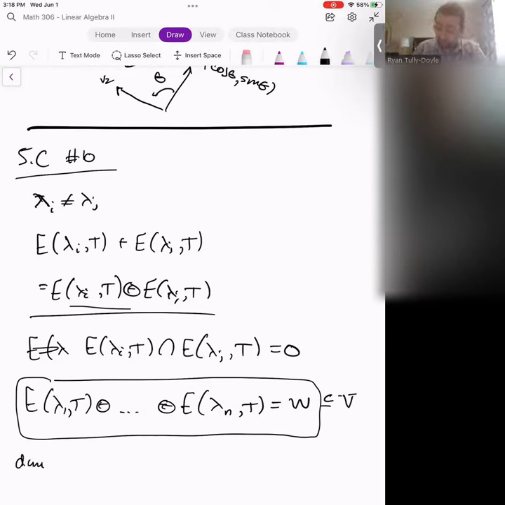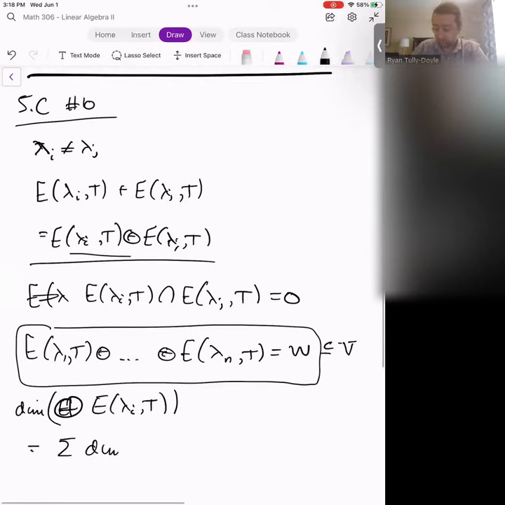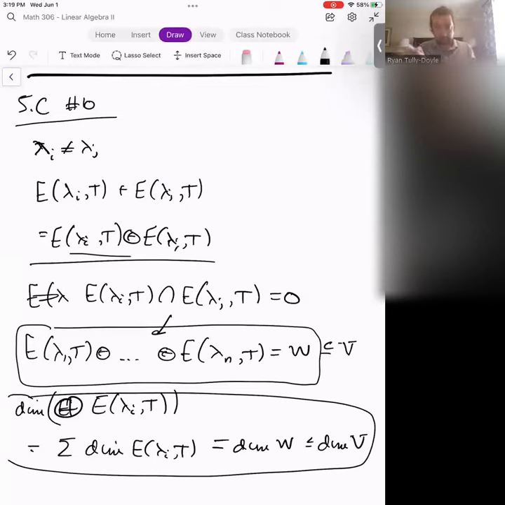So the dimension of the direct sum of the E(lambda i, T) is equal to the sum of the dimensions of the E(lambda i, T). That's the way it works when we're working with direct sums. And then that must also be equal to the dimension of W, but since W is contained in V and not necessarily equal to V, the dimension of a subspace is always less than or equal to the dimension of its containing space. So the core observation here is that this is a direct sum setup, which means you can just take the dimension and break it up across the pieces.